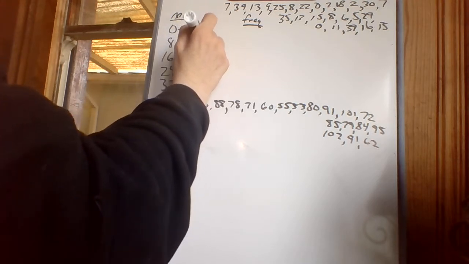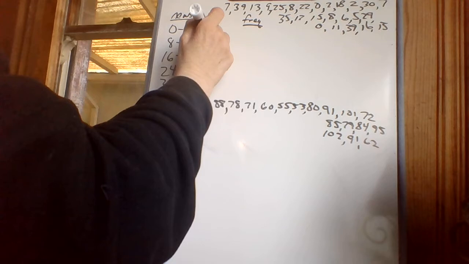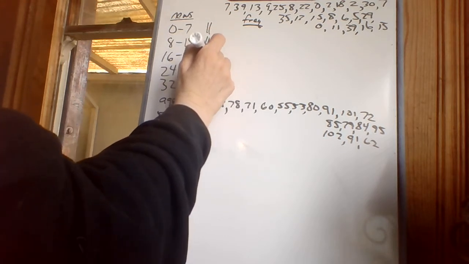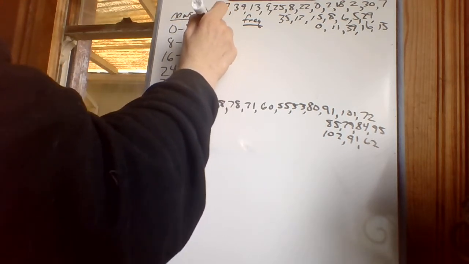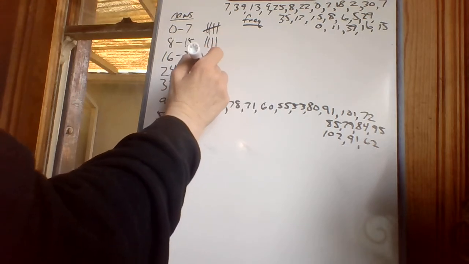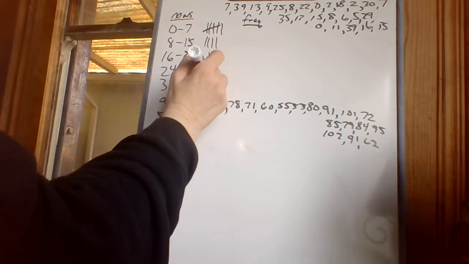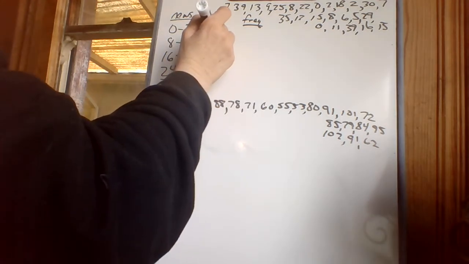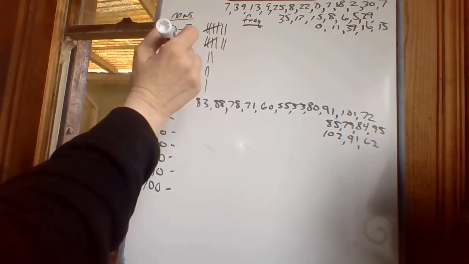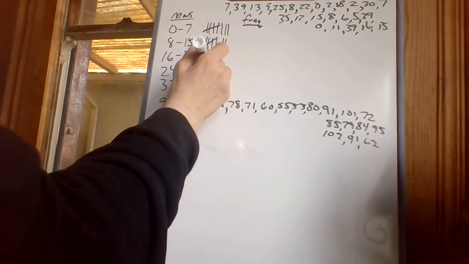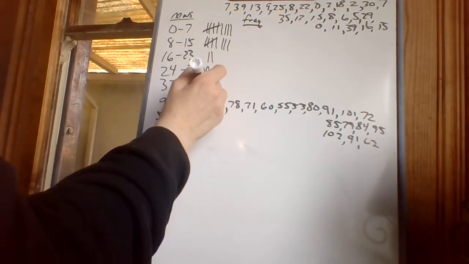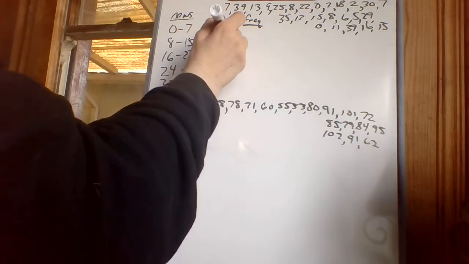So 7, 3, 9, 13, 9, 25, 8, 22, 0, 2, 18, 2, 30, 7, 35, 12, 15, 8, 6, 5, 29, 0, 11, 39, 16, and 15.